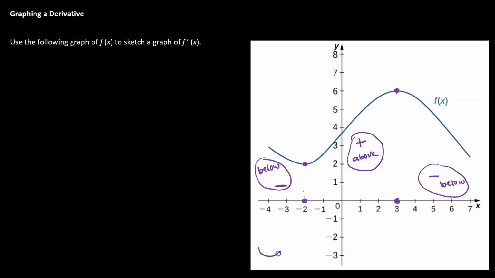So I could go below here and then pass through this point, come above here, pass through this point, and then below here. Now, we're being a little free here with making squiggles, but at this point, all we're following are the x-intercepts and whether or not we're above or below the x-axis.